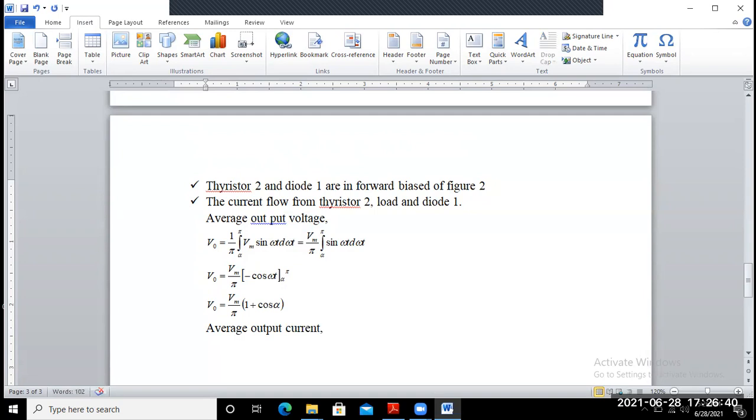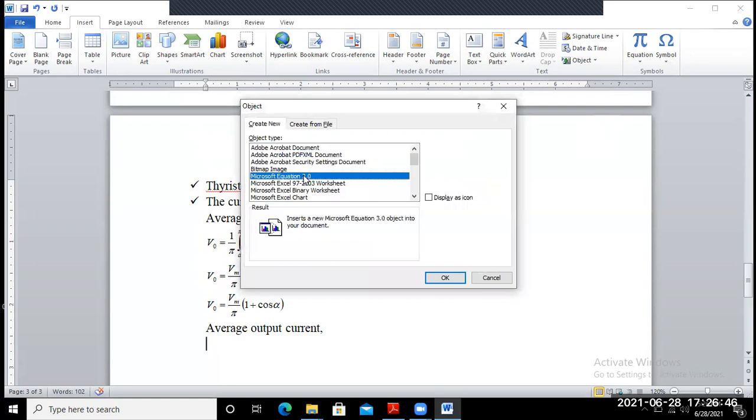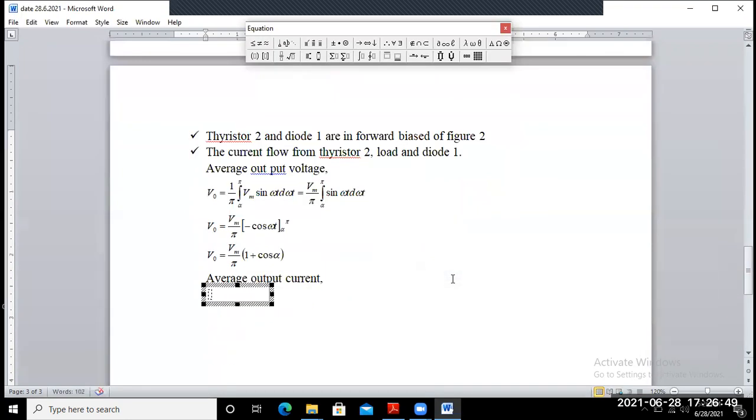That means I0 equal to V0 by R. So I0 equal to V0 by R, that means Vm into 1 plus cos alpha by pi R. Your average output current.